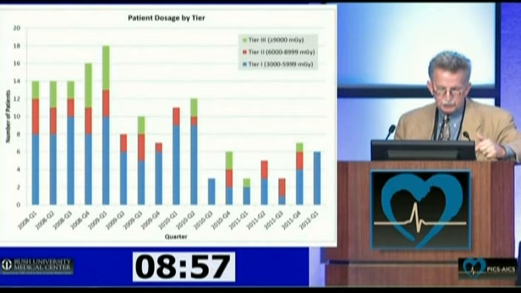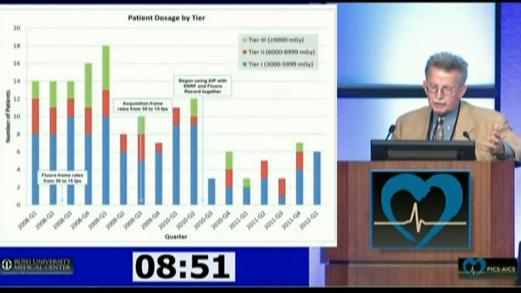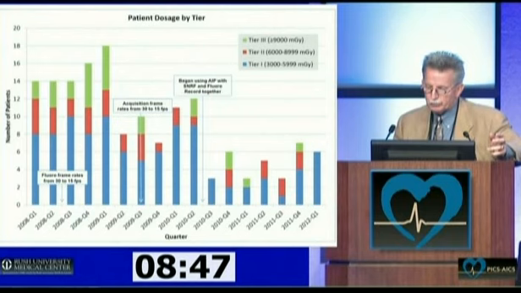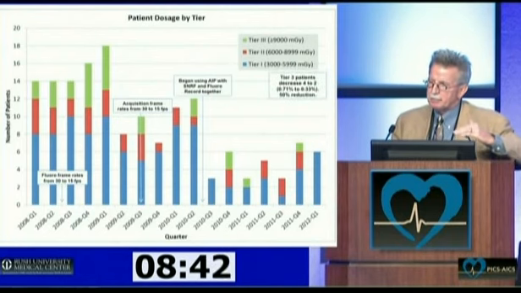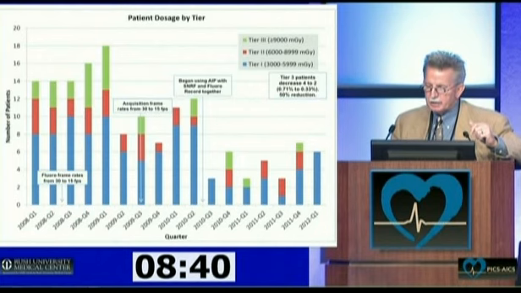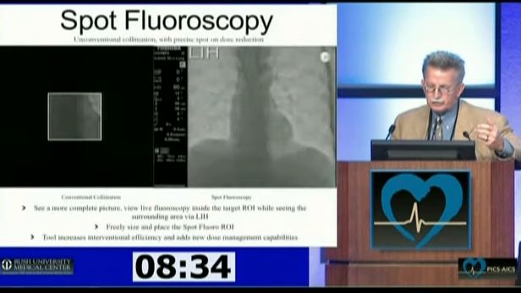You can see back in 2008 where we were, and that the fluoro frame rates decreased, the acquisition frame rates decreased, and then we started using AIP back in the third quarter of 2010, and we continued to drop the dose and drop the number of patients in a higher radiation dose category, despite very long procedures, because we're almost always on fluororecord during these procedures.